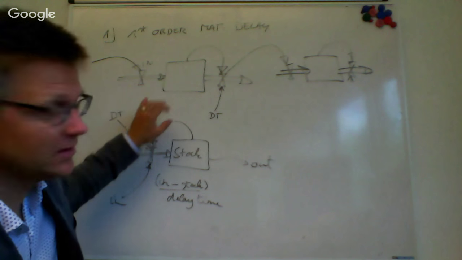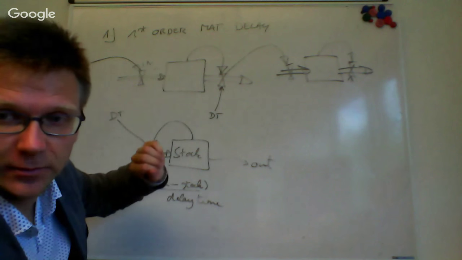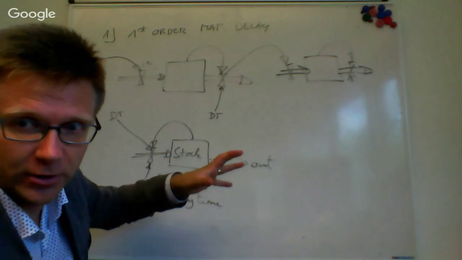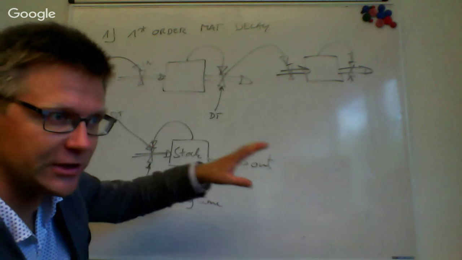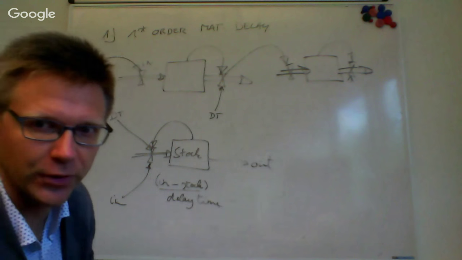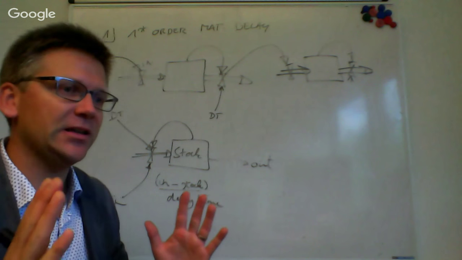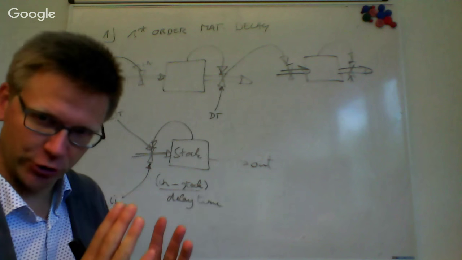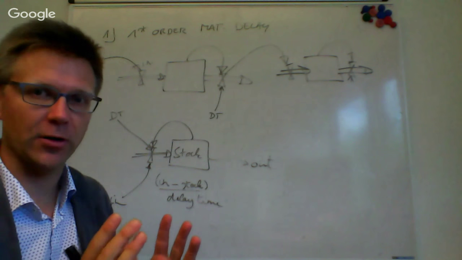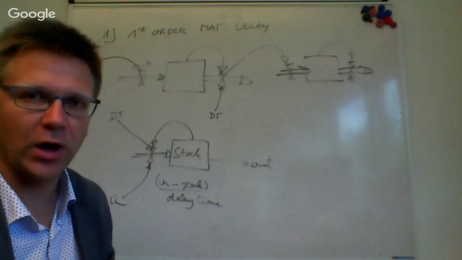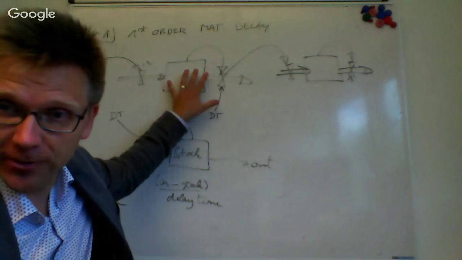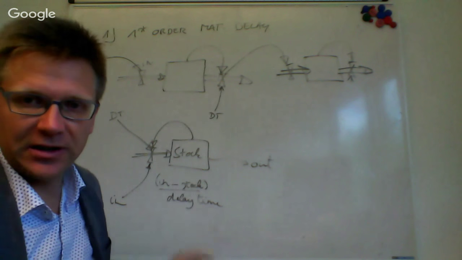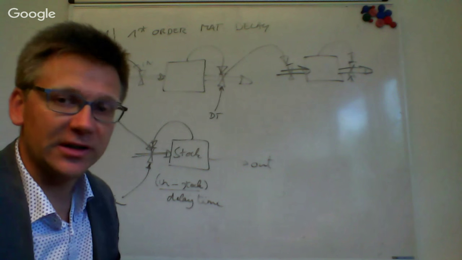In that case, the material delays conserve material, people, whatever goes into these stocks needs to come out. So say, for instance, if delay time is significantly reduced, then that means that all of a sudden more needs to flow out of our stock flow structure. While in information delays, that's not really true.